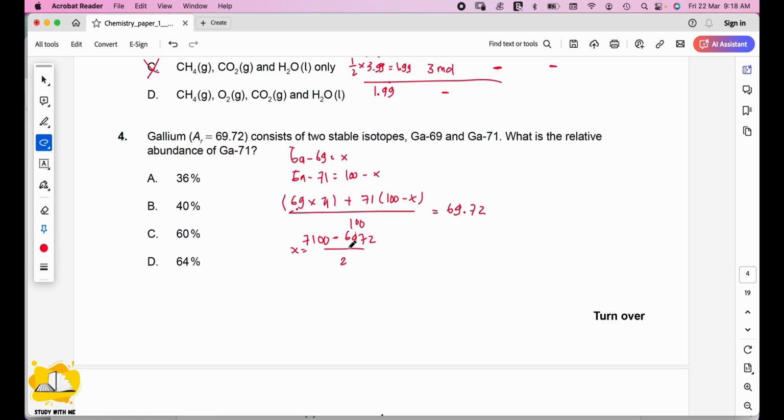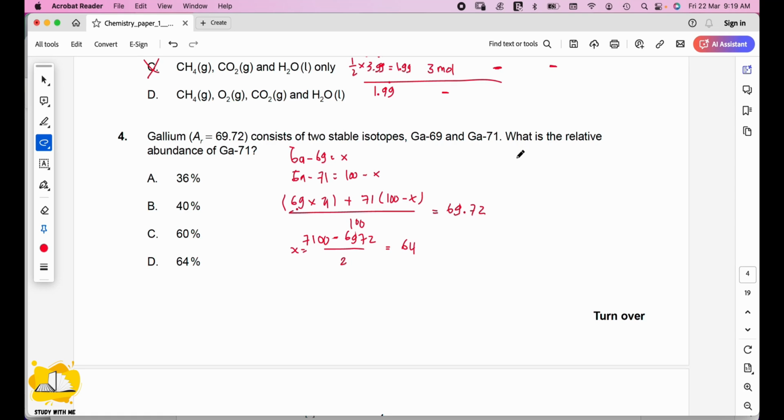So X will be 64. You need to multiply out 69x plus 71 times 100 minus 71x. So 69x minus 71x will be negative 2x plus 7,100, and you will get this in the end.